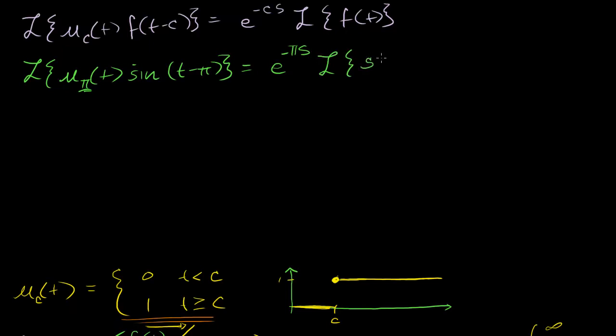So in this case, it's the Laplace transform of sine of t. And we know what that is. It's just 1 over s squared plus 1.